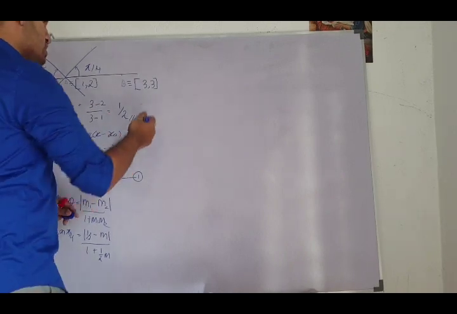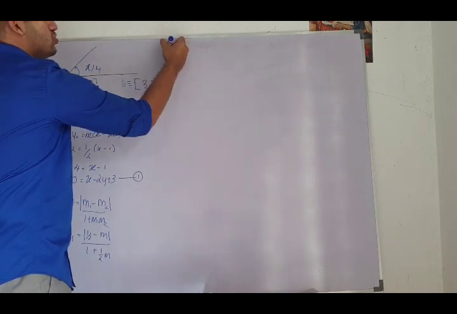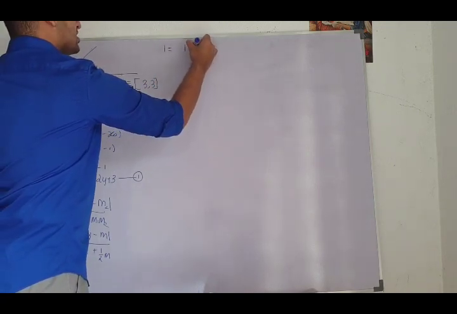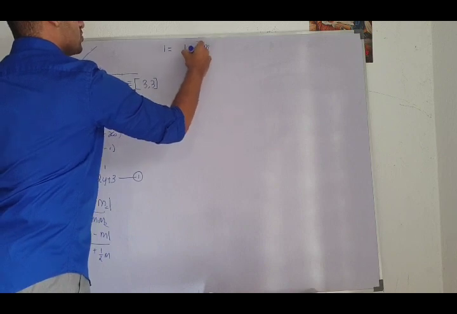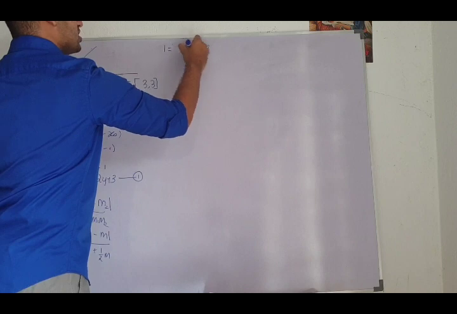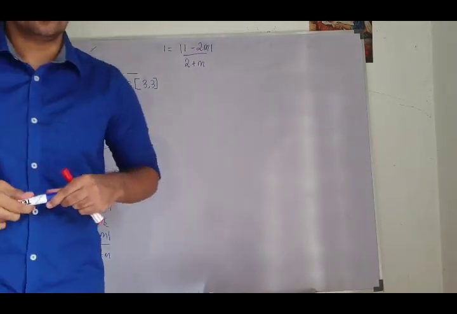So I will continue the rest right here. 1 is equal to the modulus of 1 minus 2m over 2 plus m. Still modulus. In order to eliminate the modulus, we should square both sides.